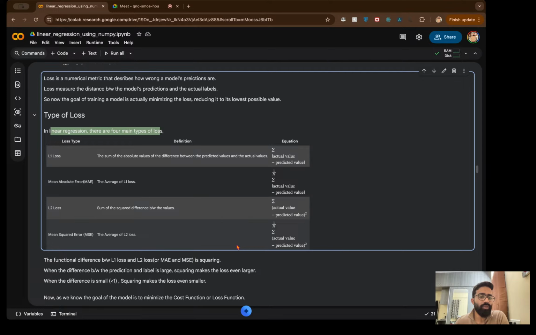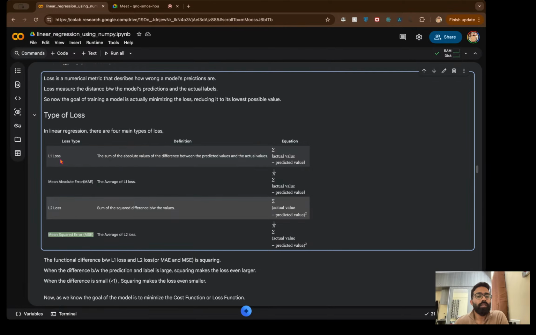Mean squared error you just learned. This is called L2 loss: 1 by n sigma of (actual value minus predicted value) whole square. This is called mean squared error, MSE.